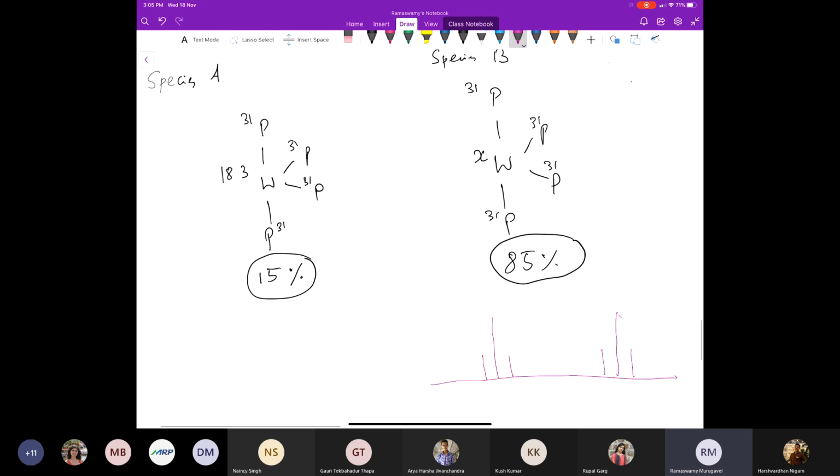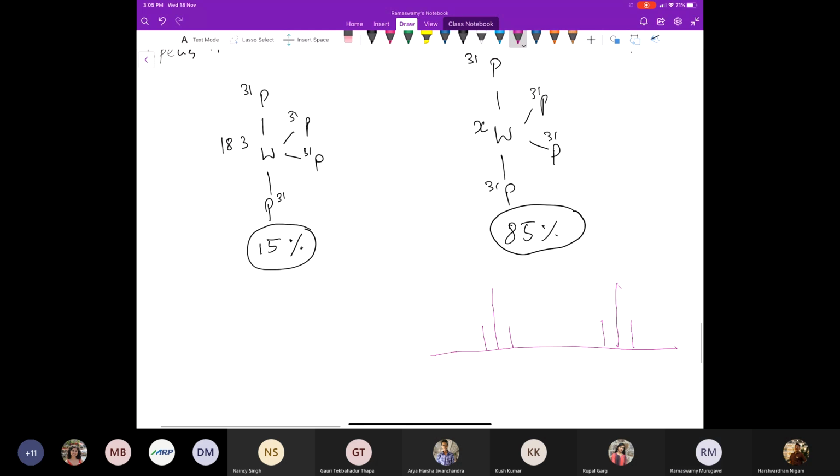For this one, so this one has the axial and equatorial. What will happen is that, let's say now the axial will have equatorial coupling. This will have equatorial axial coupling.